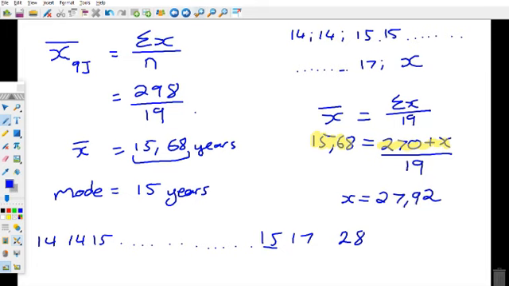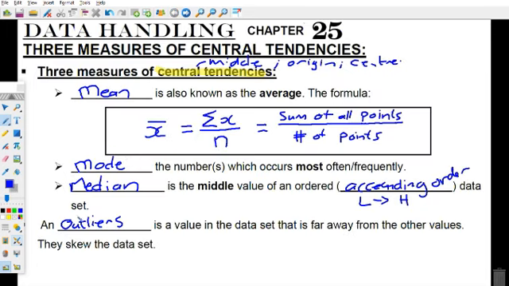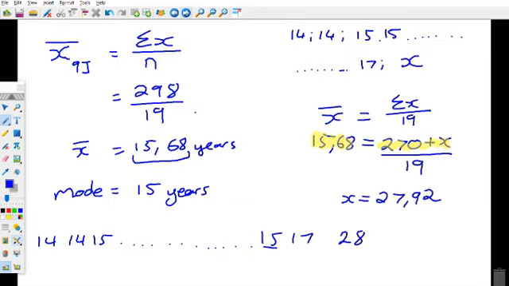So we can see central tendencies: outliers skew the data. It's skewing the mean. Now if we take me out as the outlier, we're going to find the average, which is the sum of all the points divided by the population.